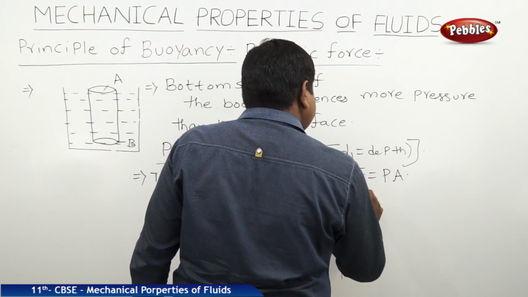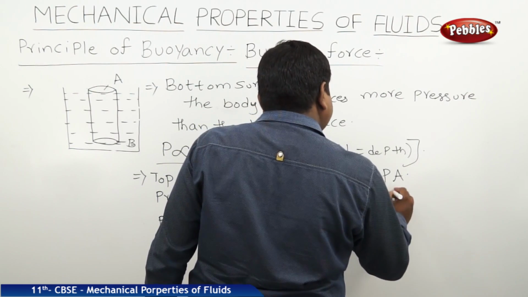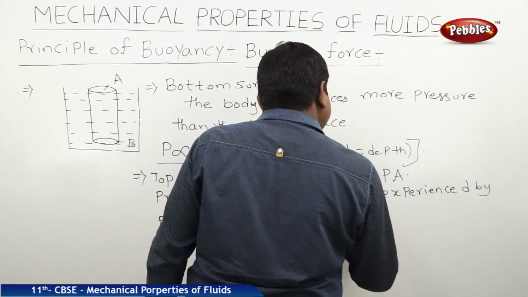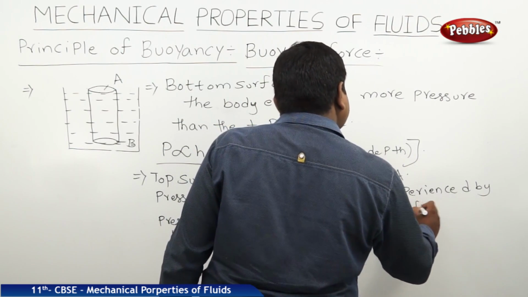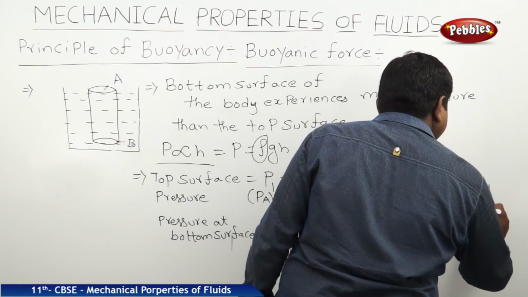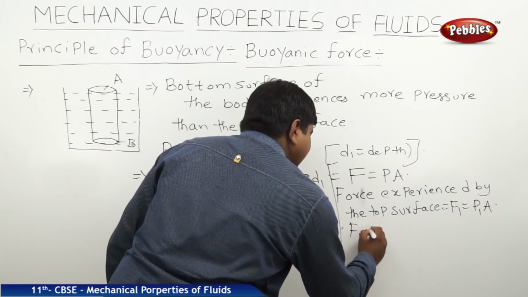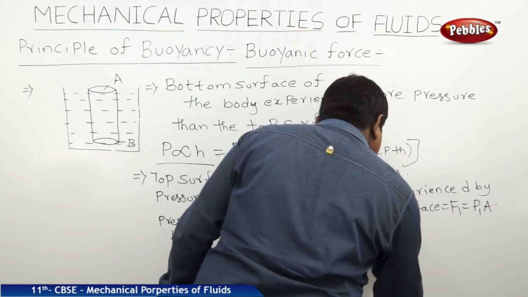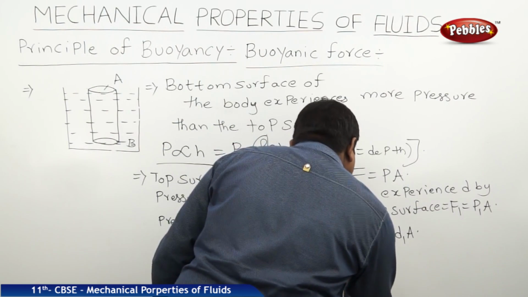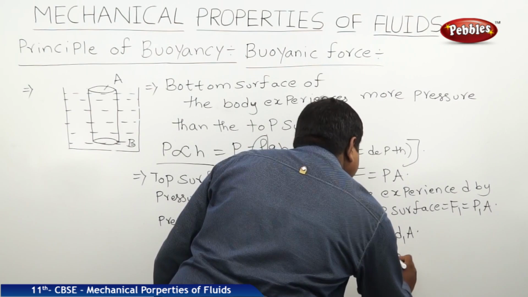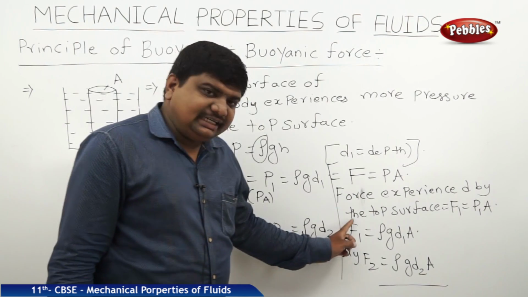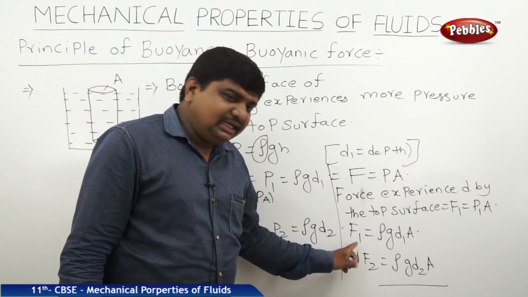So F1, the force experienced by the top surface, is equal to P1 into A. Therefore, F1 is rho g D1 into A. Similarly, F2 is equal to rho g D2 into A. Now we will find the difference between the forces at the bottom and the top end.